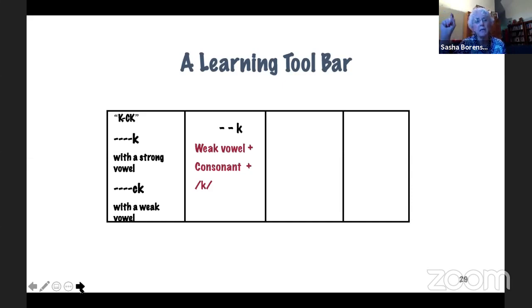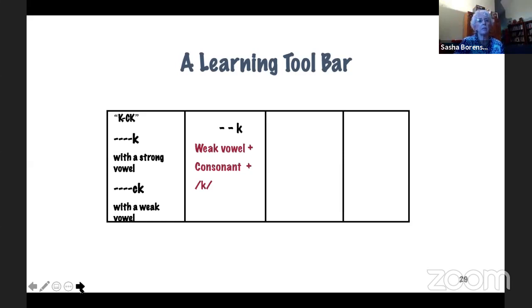And so we spell it CK to protect the weak vowel. We have a weak vowel followed by another consonant and then the K. So we only need the K because we've got that consonant before the k sound.